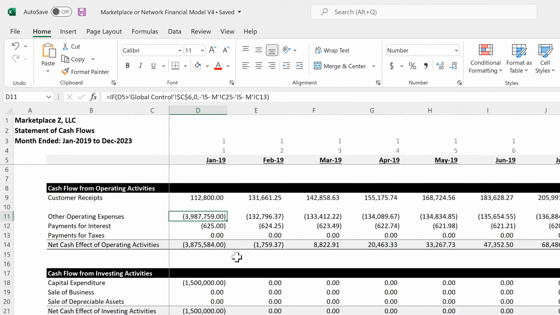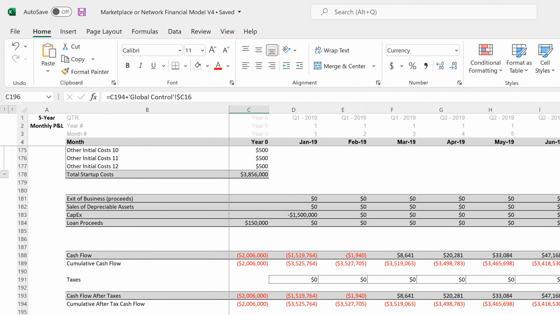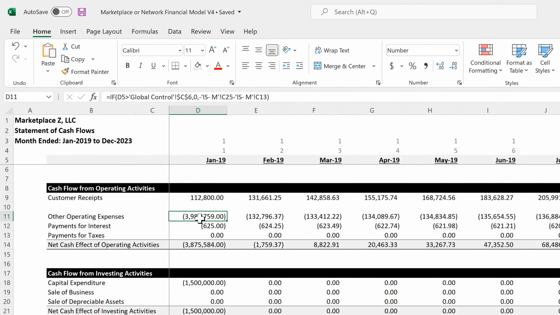Let's make sure this is right. So operating expenses 3.987. Yeah, that's basically this startup cost and this. So this makes sense.